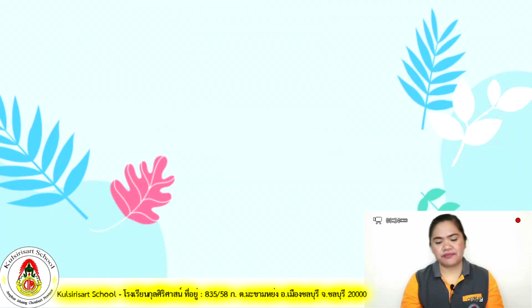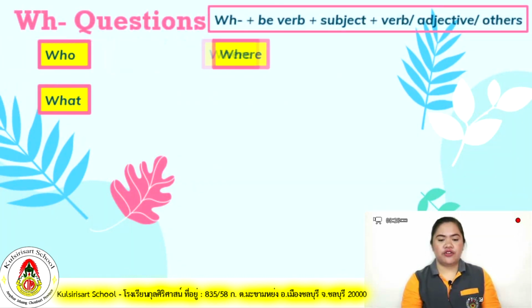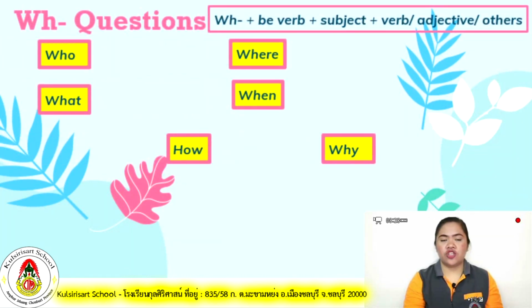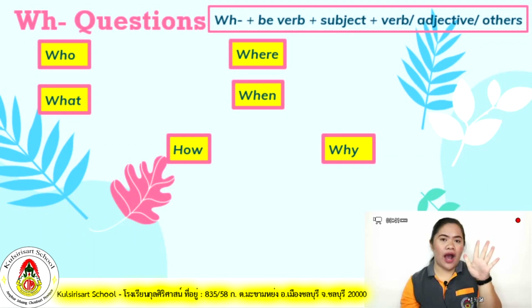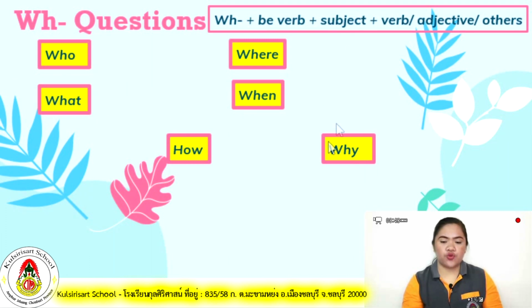Okay, so let's review. When we talk about WH questions, how many are they? We have six. We start with who, what, where, when, why, and how. These are the WH words.